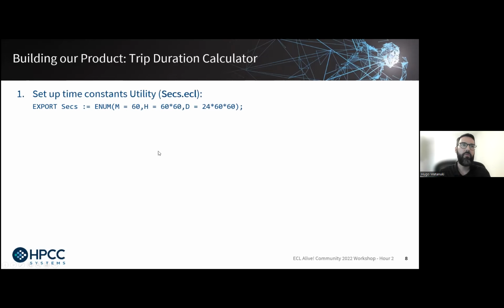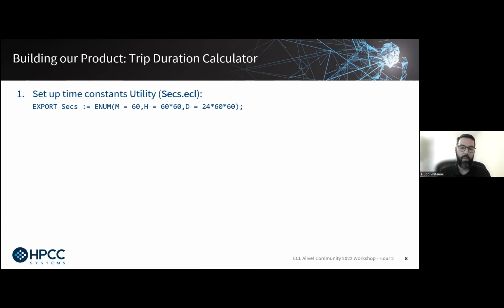So let's start with the first ECL file here, secs.ecl. This ECL file contains basically some integer constants. These constant values are the number of seconds in a minute, the number of seconds in an hour, and the number of seconds in a day. And we can use the enum function to define all three in a single line of code and reference them using standard dot notation.